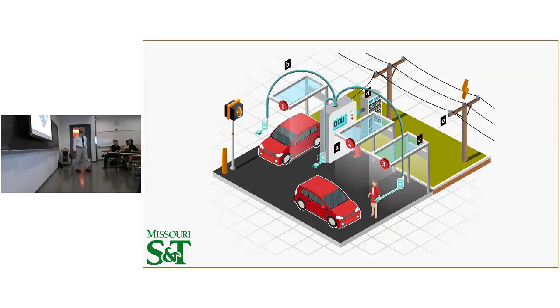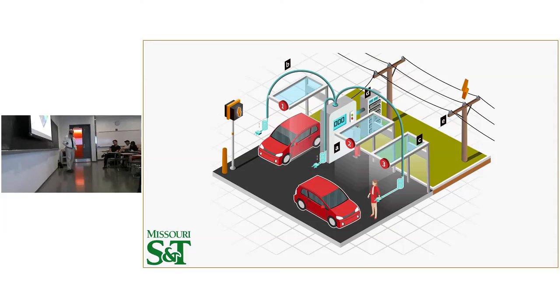So here's just a conceptual picture. What we'll do is come straight in off the distribution feeder into our converter here. We'll have a stationary battery that softens those edges. So when you plug in, you have a 350 kilowatt step, and all of a sudden the distribution grid just goes crazy.